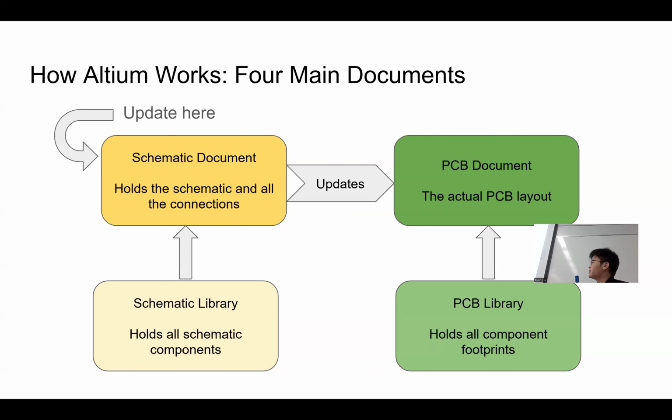Now, there are two supplementary documents that go with this: the schematic library and the PCB library. The schematic library holds the specific schematic components that go on your schematic.